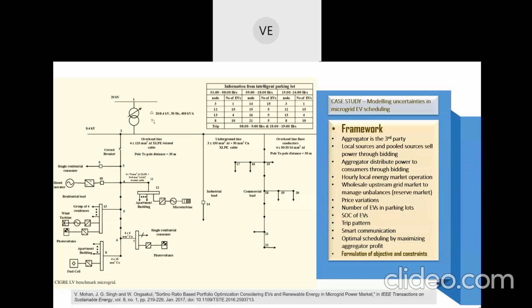What is the stochastic load flow approach? We'll see. Now, before going to the load flow, we need to know the objective of the utility also. Okay, the objective of the operator also. If his objective is profit maximization, suppose, we'll discuss that in the next slide.